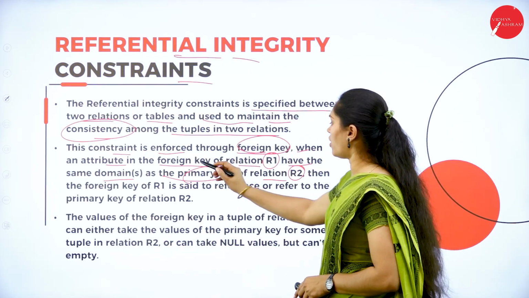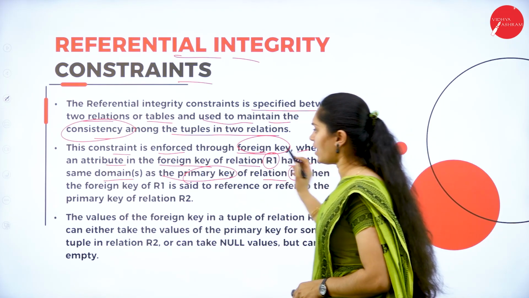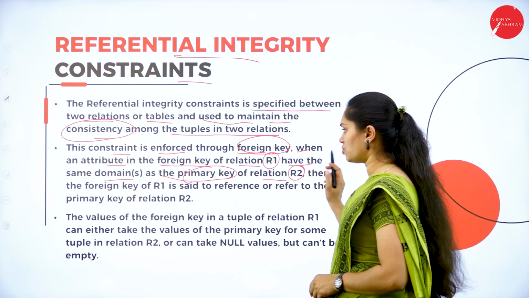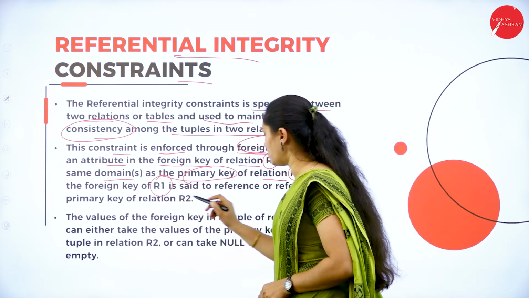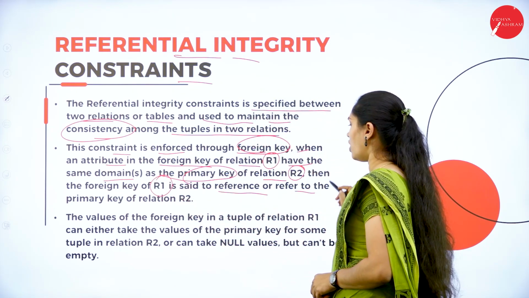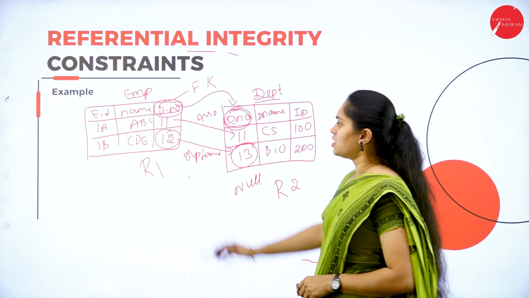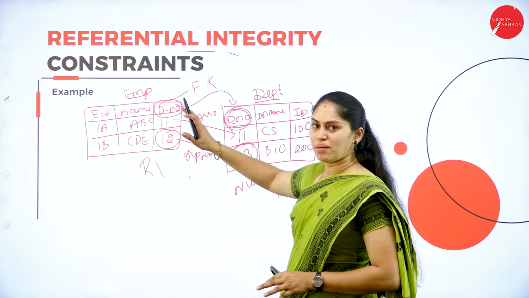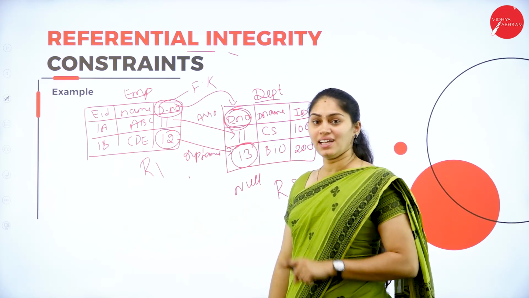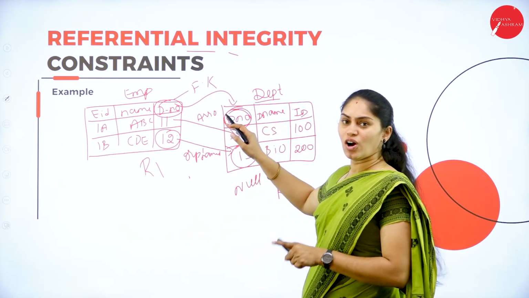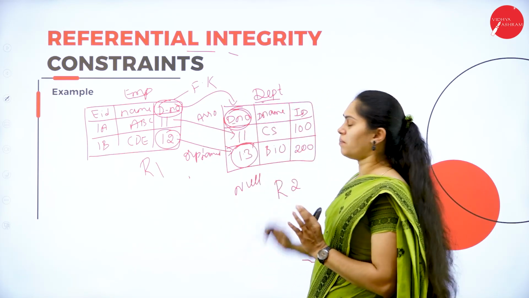So the foreign key of R1 is said to reference, or refer to, the primary key of relation R2. Here the D number or department number is the foreign key of relation R1, referring to the primary key of relation R2, the department.